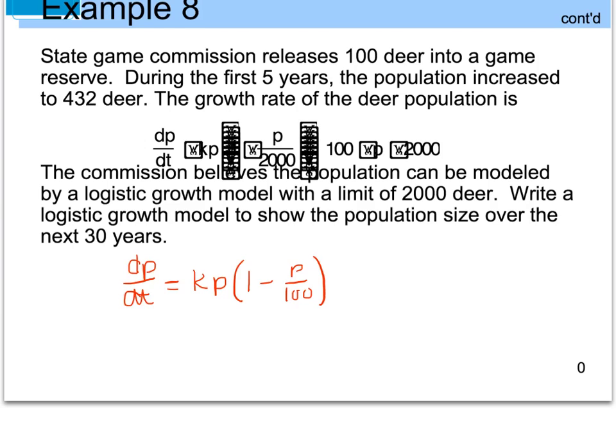And the commission believes the population can be modeled by a logistic growth model with a limit of 2,000 deer. We want to write a logistic growth model to show what the population size over the next 30 years is going to be.